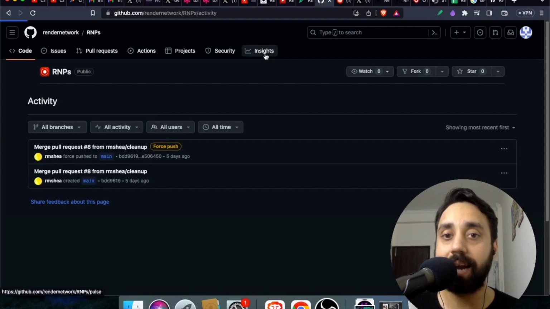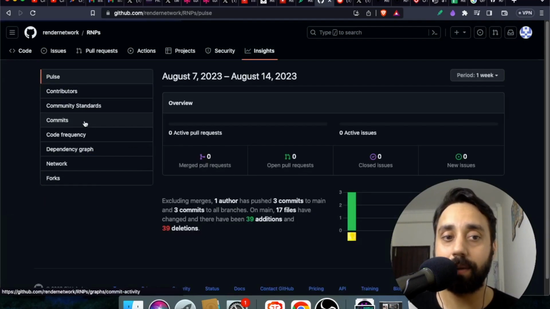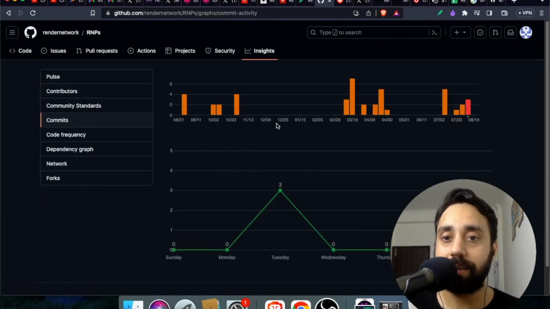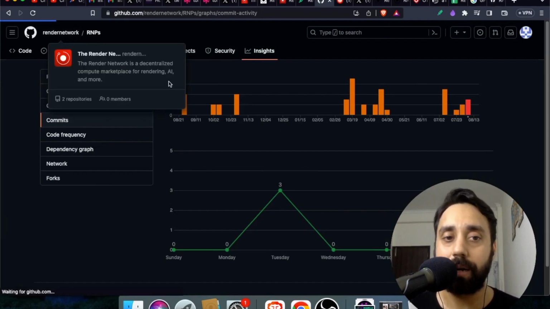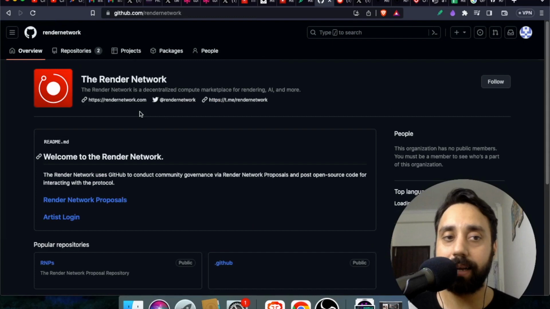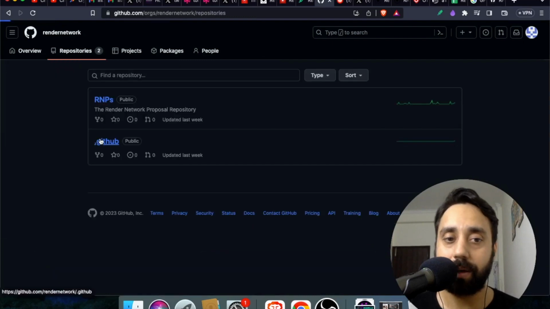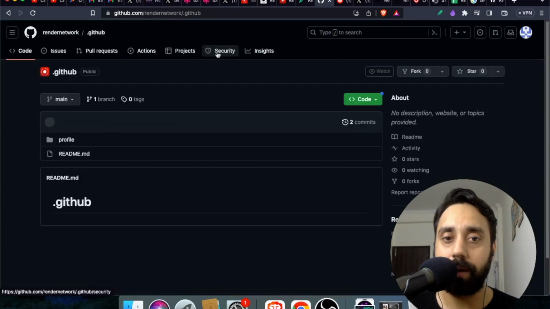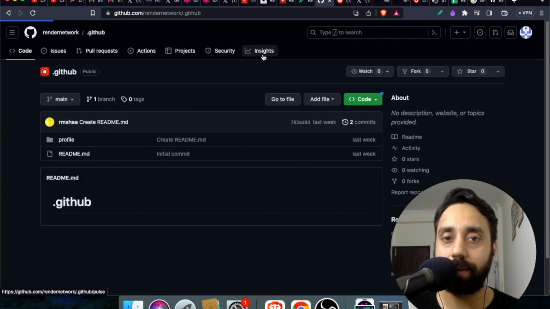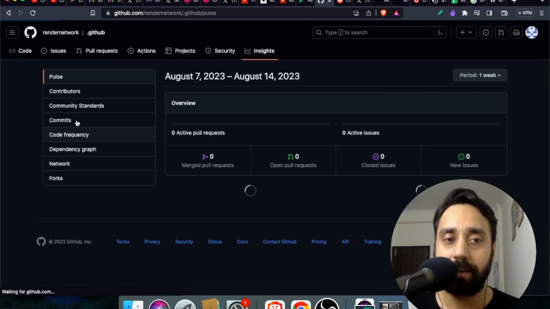If I look at Insights and see how many commits are done, you can see it is not very frequent, still a decent number. But when I go to the second repository, which is this one, .github, and go to Insights, again commits.